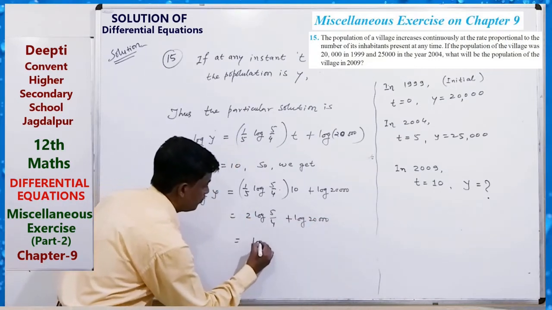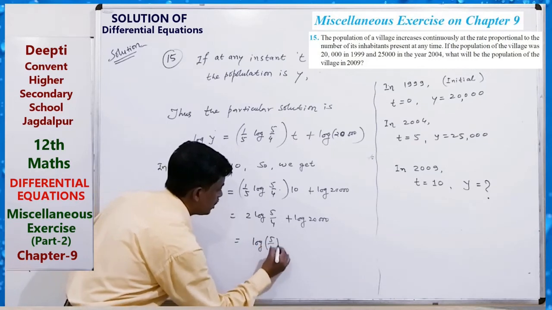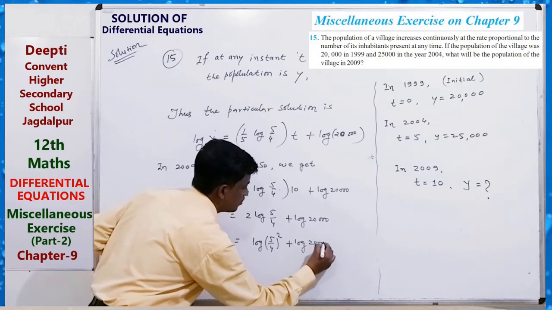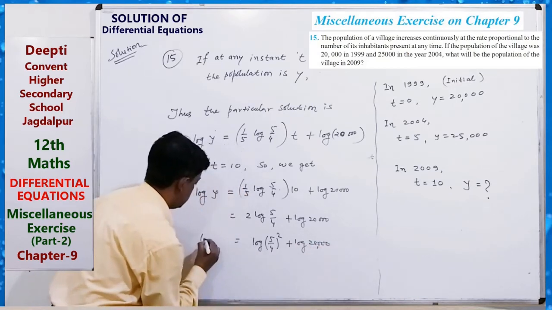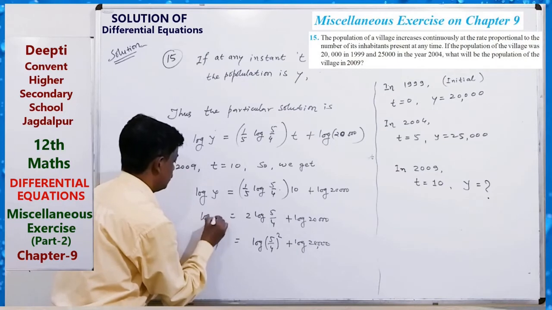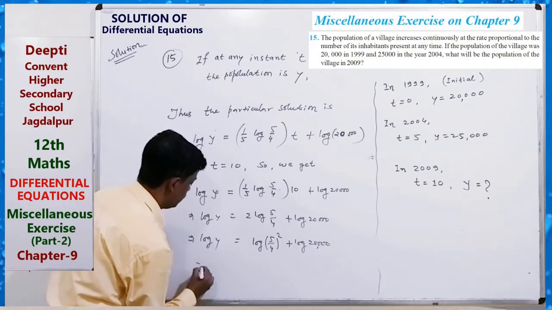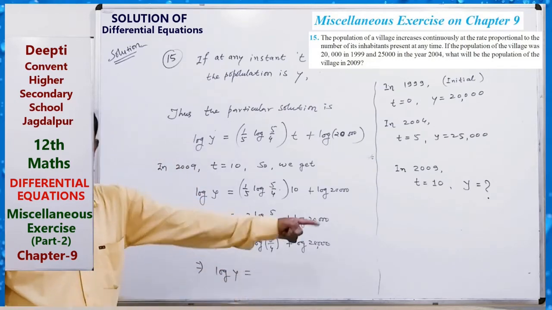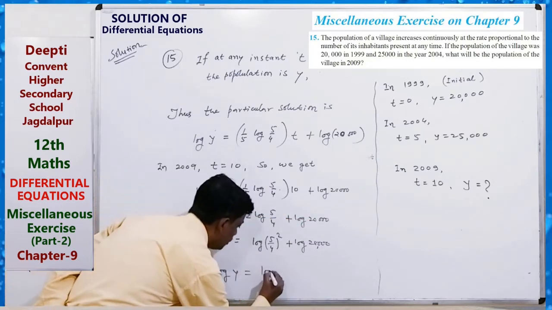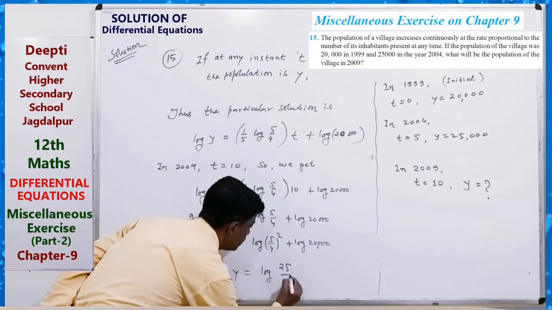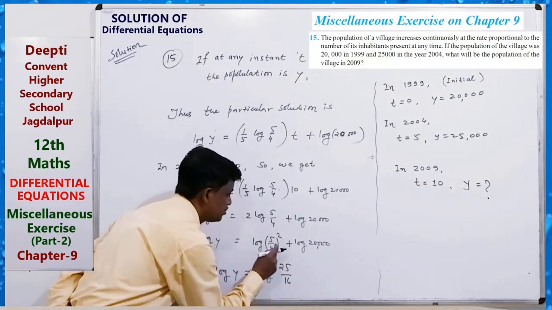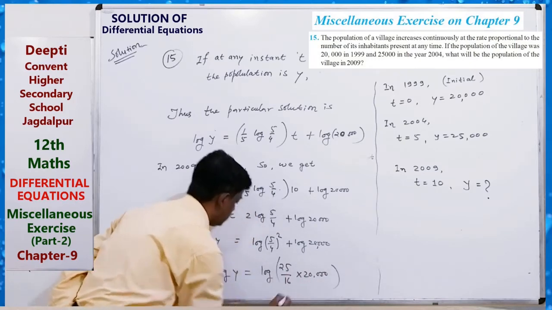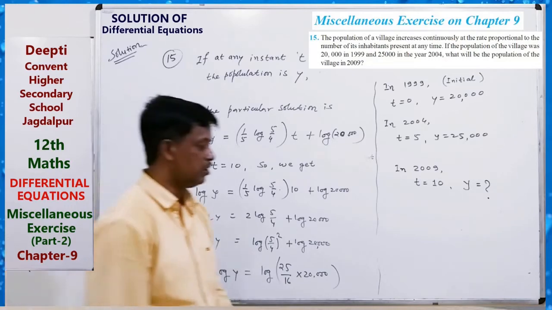Here log of (5 by 4) squared, raised to the power, plus log of 20,000. Here log y. So we can find the value of log y. How? Log a plus log b is log of a into b, that is log of 25 by 16, 5 square, 4 square, into 20,000, like this. Now we can find the value of y.